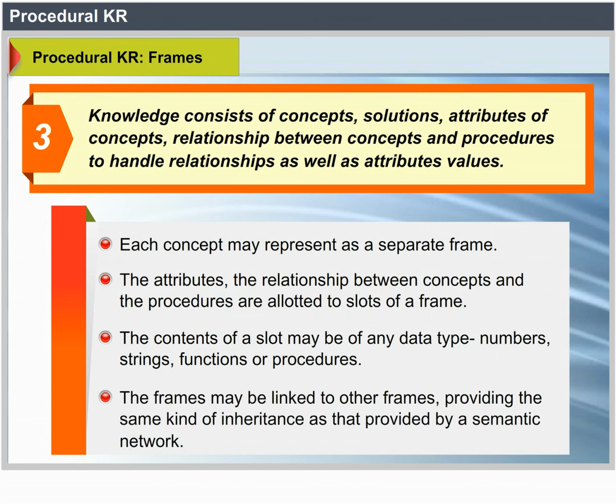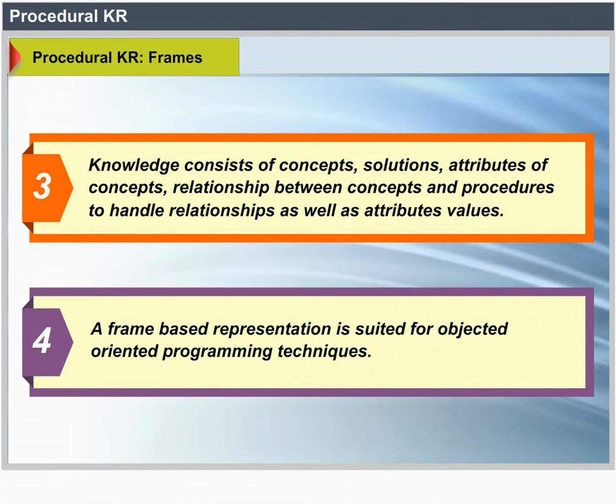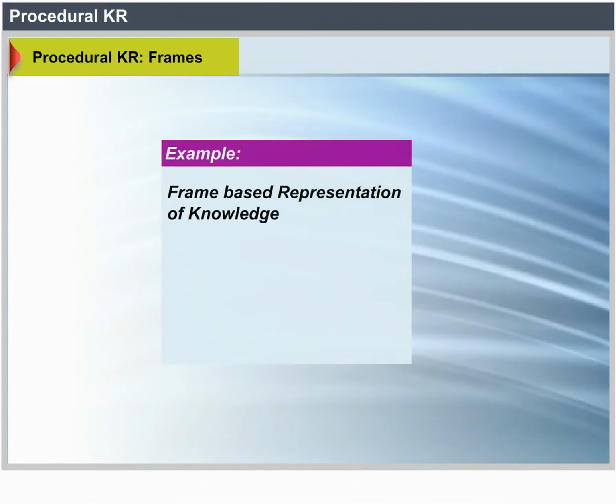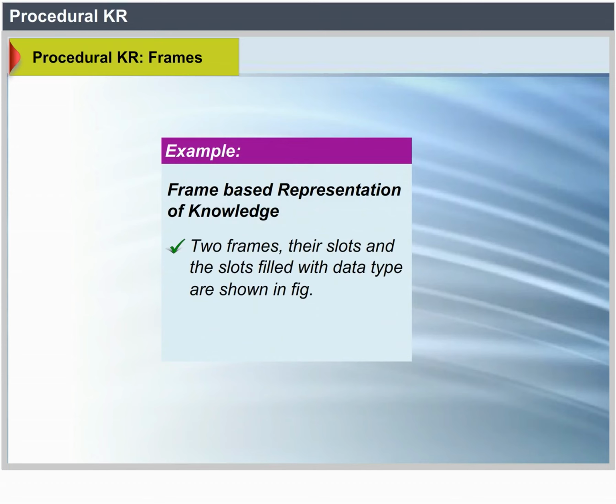The frames may be linked to other frames, providing the same kind of inheritance as that provided by a semantic network. A frame-based representation is suited for object-oriented programming techniques. Example: frame-based representation of knowledge. Two frames, their slots, and the slots filled with data type are given here.